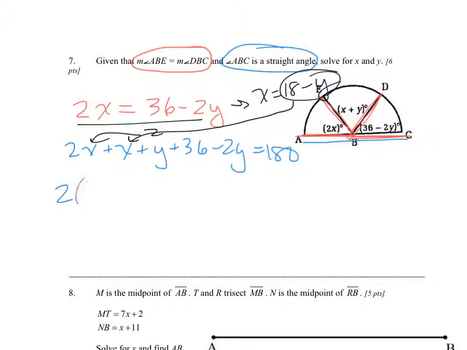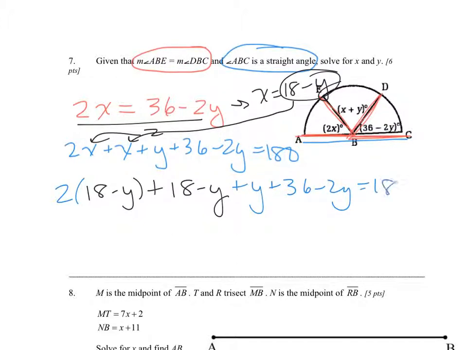So 2 times 18 minus y plus 18 minus y plus 36 minus 2y equals 180.